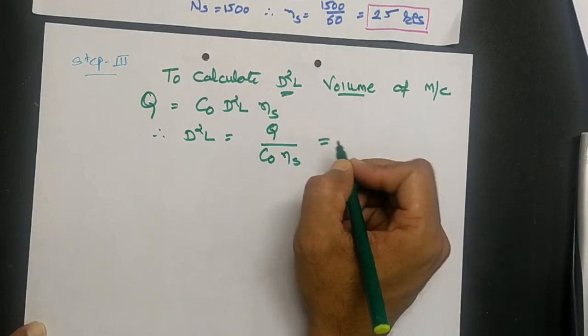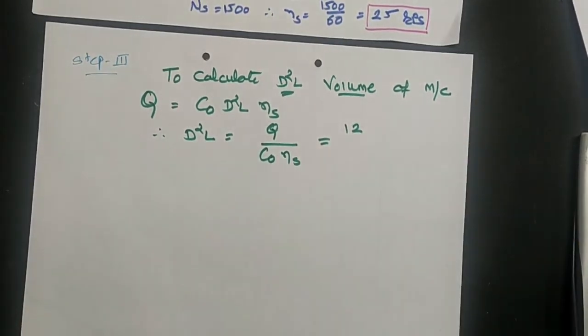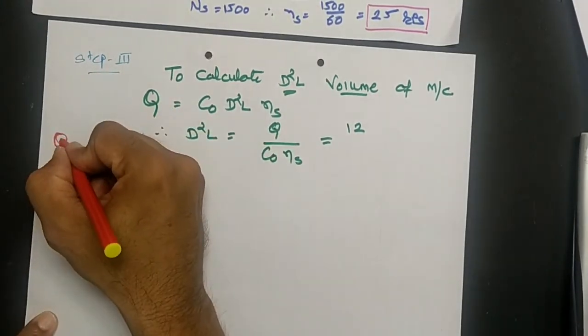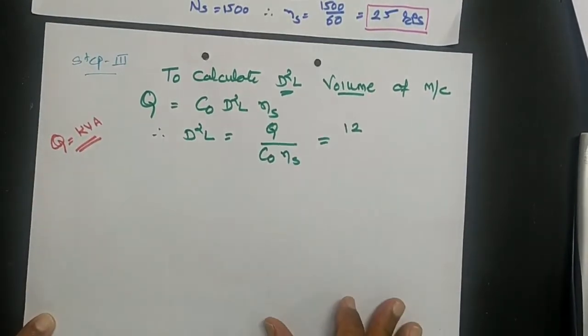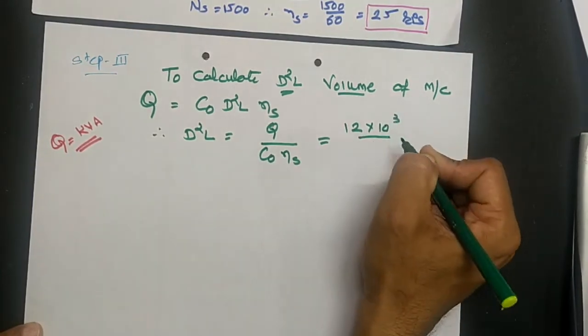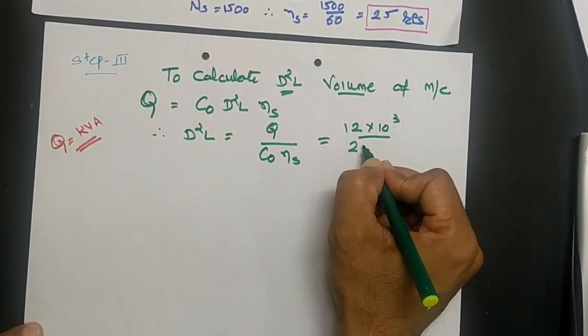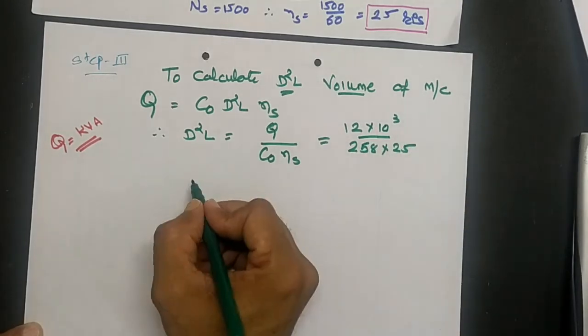Now Q is given, and that is 12 MVA. Here we should know that Q should always be in kVA. That is very important. So 12 multiplied by 10 raised to 3 divided by CO, that is 258, and multiplied by 25.